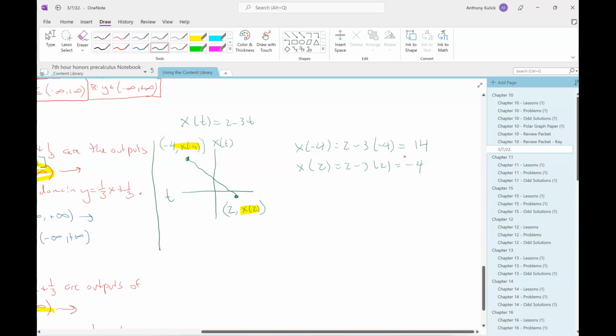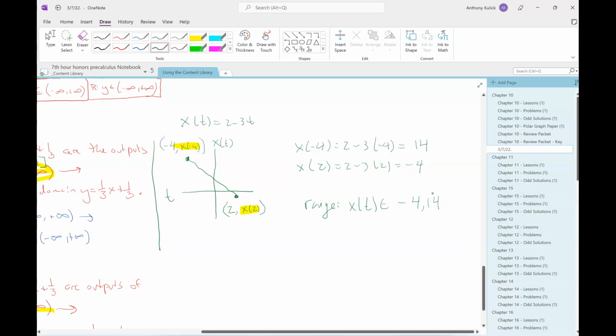Is everybody okay with that? So my range would be that x of t goes from -4 to 14.